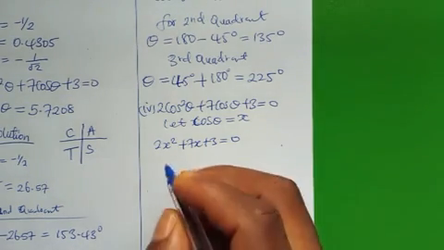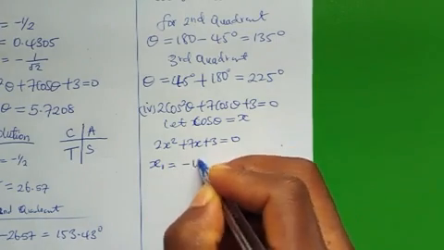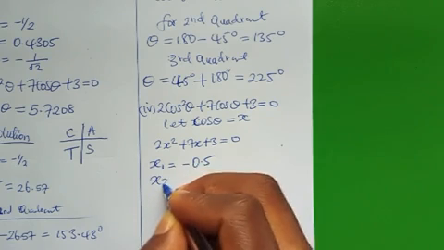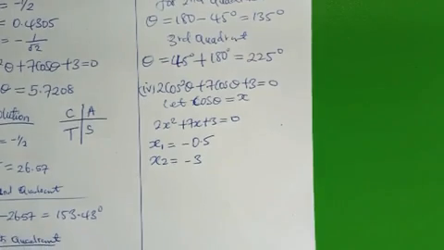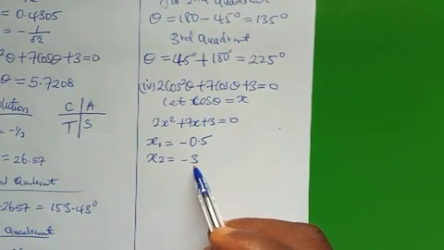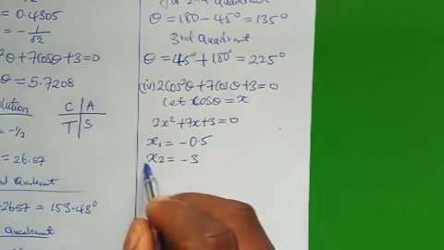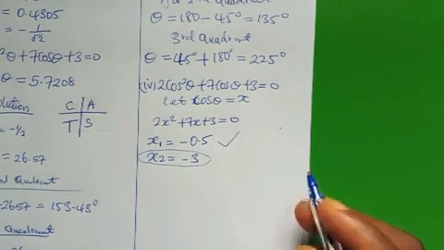So when that is done, you're going to have that x1 is equal to minus 0.5 and x2 is equal to minus 3. So looking at this, you see that we have two answers, but believe me that there is no trigonometric function that will give you anything above 1, both negative or positive. Therefore, the value of x2 is out. X1 is where our answer lies.